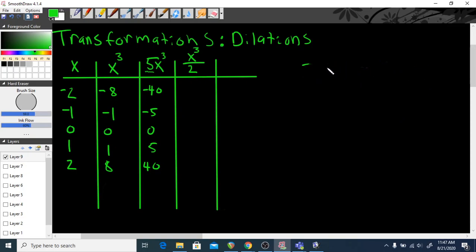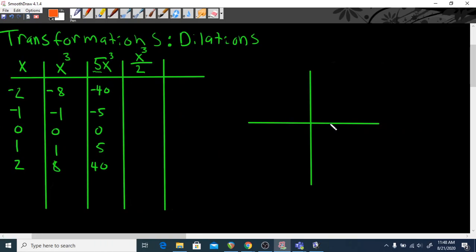Gone. All right, cool. So now let's do some graphs. Change my color. Okay, so here we go.